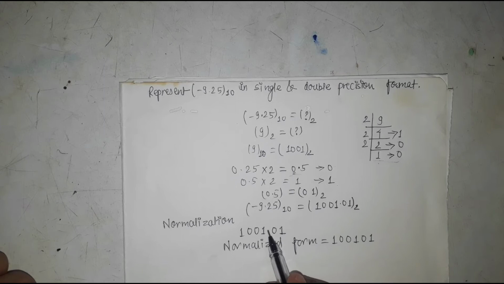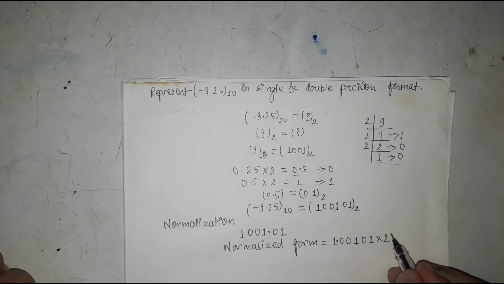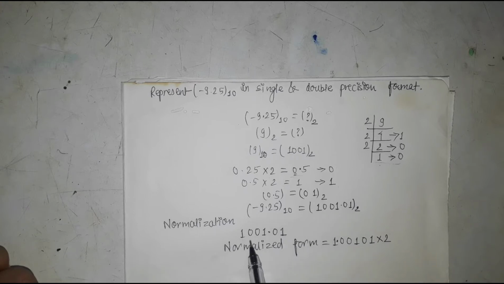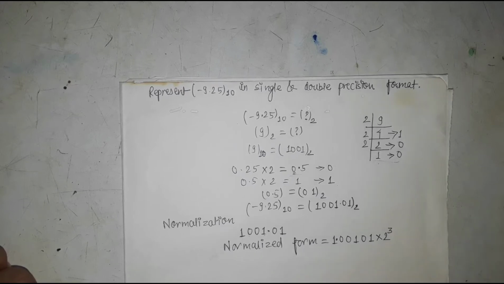The point should be placed right after the first digit, and once you place the point, you'll have to multiply the given number by 2 and write the exponent over here, but we'll have to check the exponent. So you'll have to count the digits in between the point and the first digit. That means there are 3 digits, right? 1, 2, 3. So the exponent would be 3.